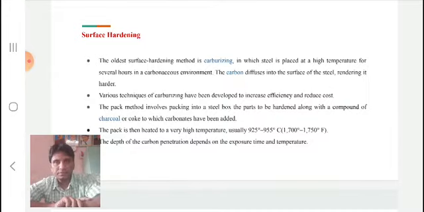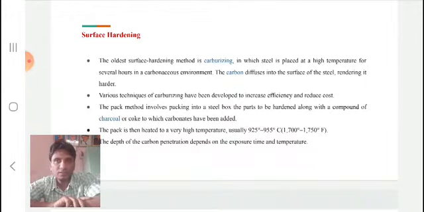Actually, the diffusion rate depends upon the temperature at which the charcoal or the component is heated, and the duration of time the steel is exposed in the charcoal.